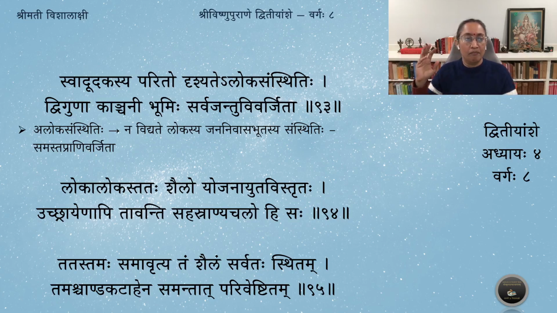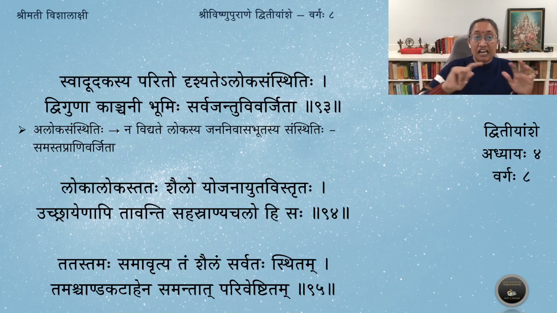It is like a black space, dark matter space in Star Wars. If you have seen such serials, you will know this is something like a no man's land. So aloka samsthitih na vidyate, there is no foundation for any people to stay. It is like an empty space where no people are staying. That is seen beyond this Swadudaka, the seventh samudra.